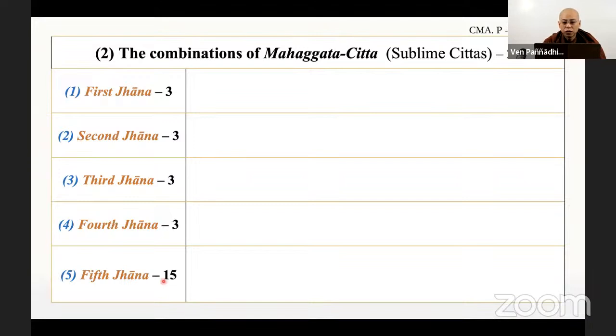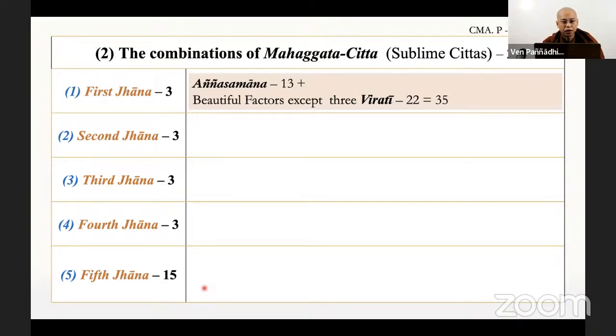So we have to always remember that all immaterial consciousness is counted under the enumeration of the 5th jhana. So if you know, let's continue. At most 35, we already know. Anya Samana 13, and beautiful except Pariyatti, so 22, become 35.